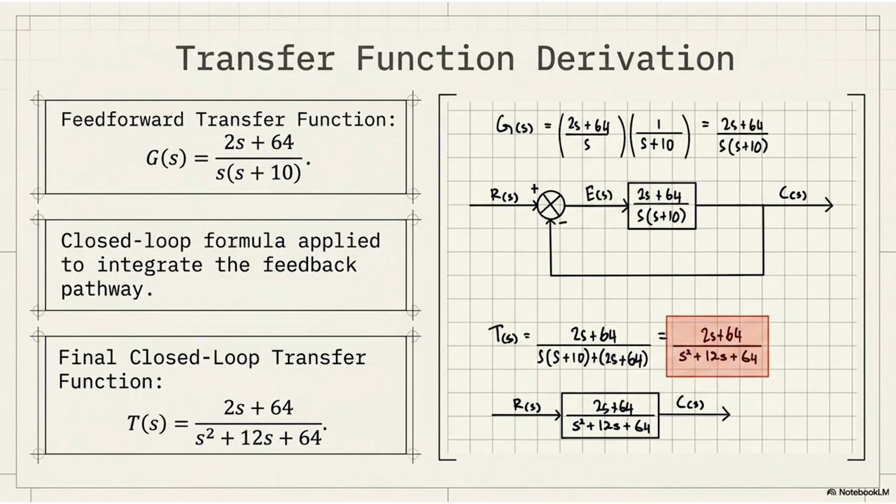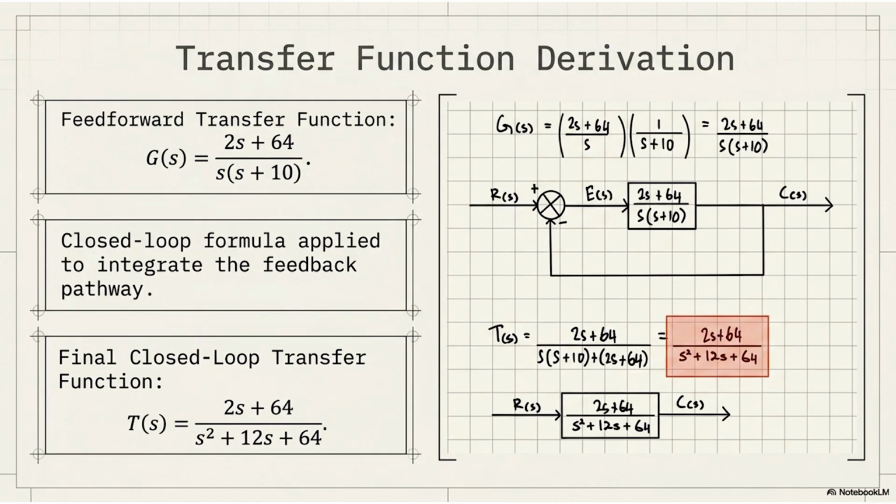Because this is a closed-loop system with unity feedback, we apply the closed-loop formula to integrate the feedback pathway. This gives us our final closed-loop transfer function, T(s), equal to (2s + 64) divided by s squared plus 12s plus 64.